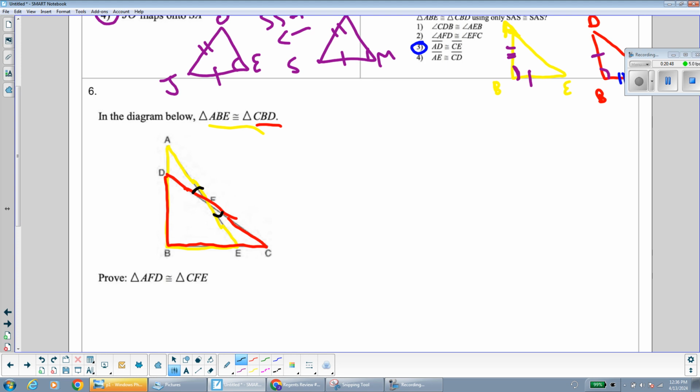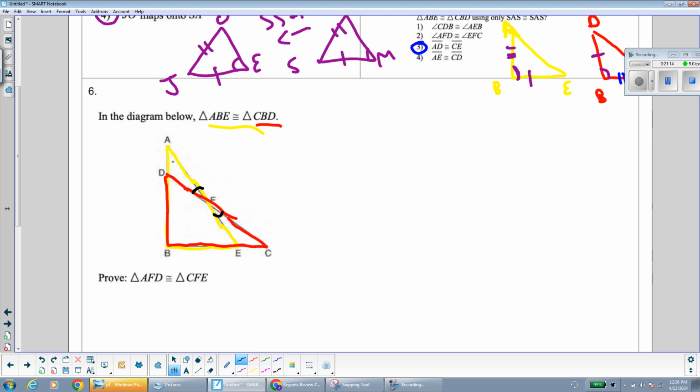What jumps out to me is that angle A over here is part of the big yellow triangle, but it's also an angle of the small triangle. And if I take a look at the names, A corresponds to C. And look at that, C is part of the big triangle, and at the same time, it's also part of the small triangle we need to prove congruent.